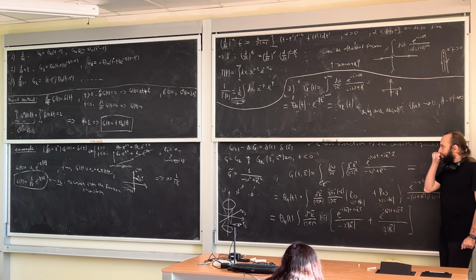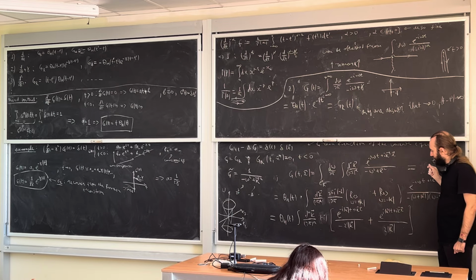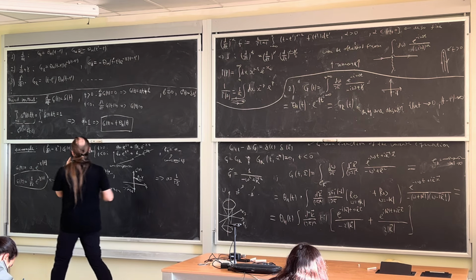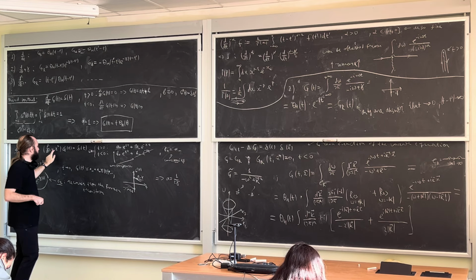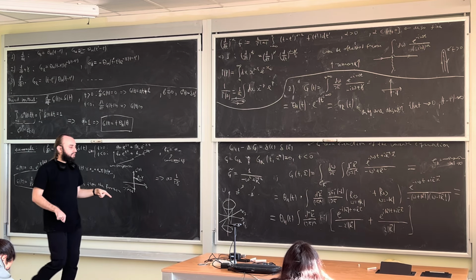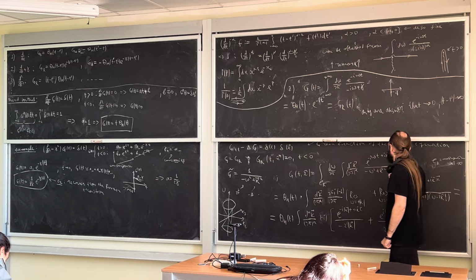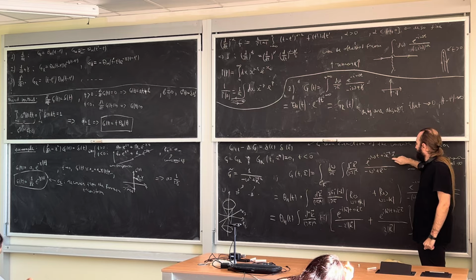Okay. And by the way, if you were interested in the Euclidean function, this equation with plus sign, you can see it here. Because at this stage, I can say that, okay, let us forget about the outer integral.